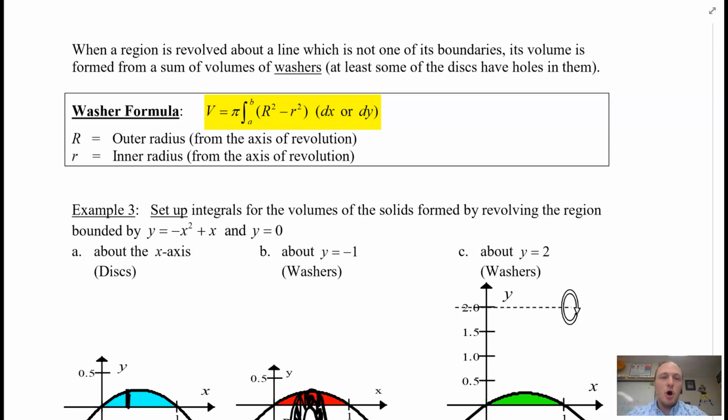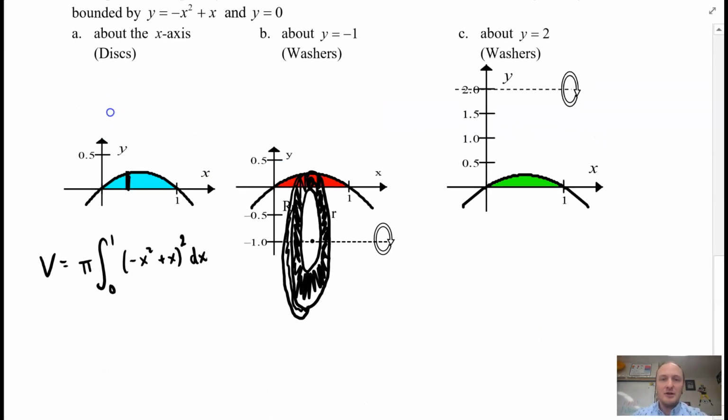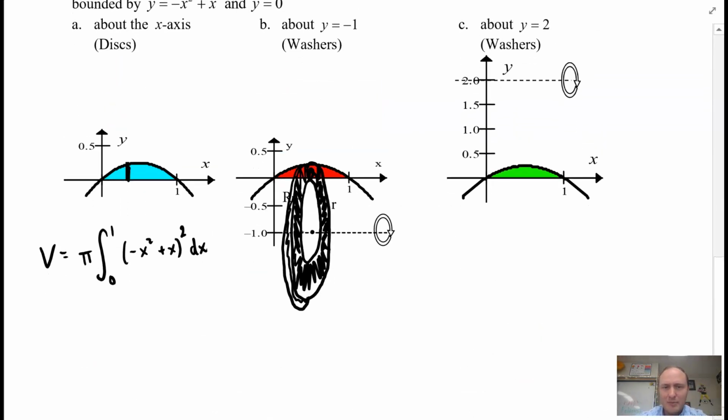The big R is your outer radius, and little r is your inner radius. So let's look at this example here. For these problems, what I suggest is figure out, first of all, what is your big R, and then what is your little r.